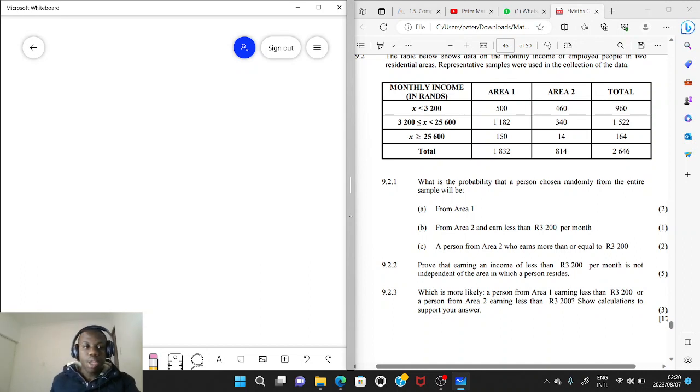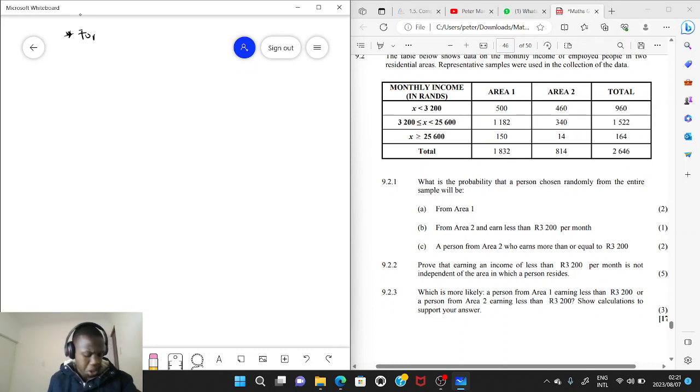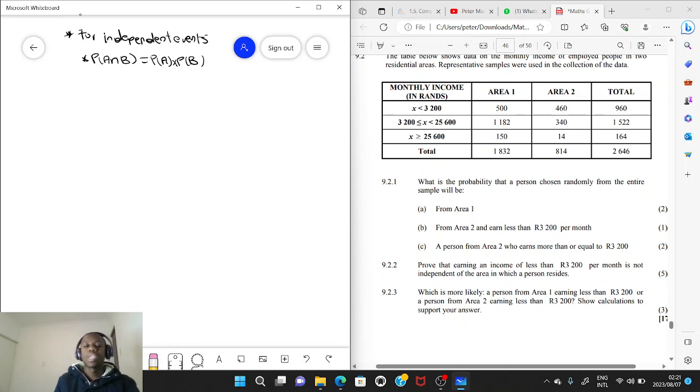So the first thing that I told you to do is to consider the condition. We know that for independent events, the probability of A and B is equivalent to the probability of A multiplied by the probability of B. In this case, you are not choosing for your own.